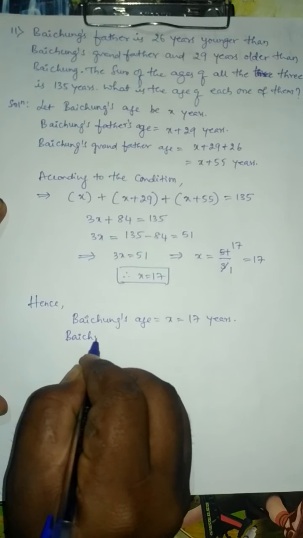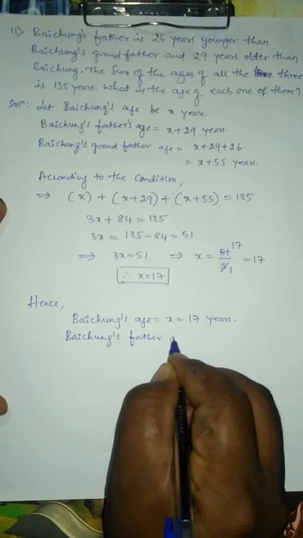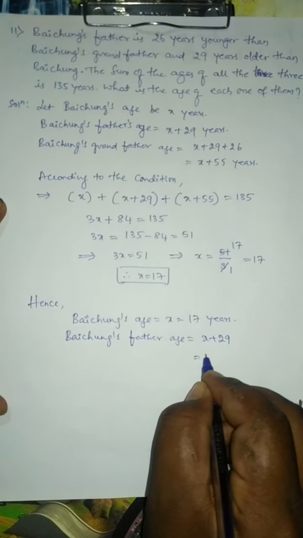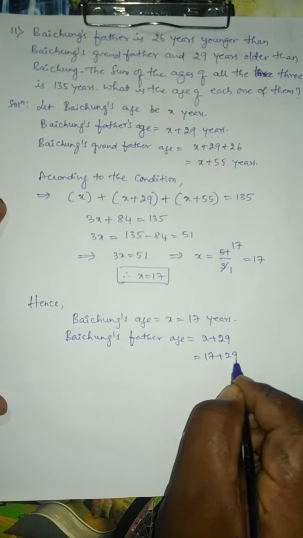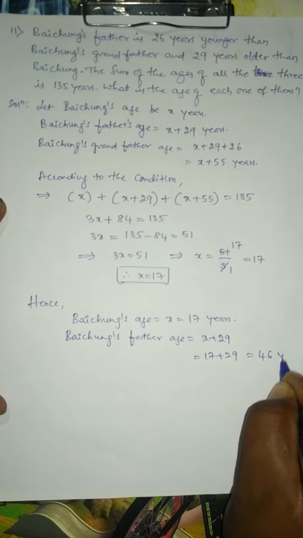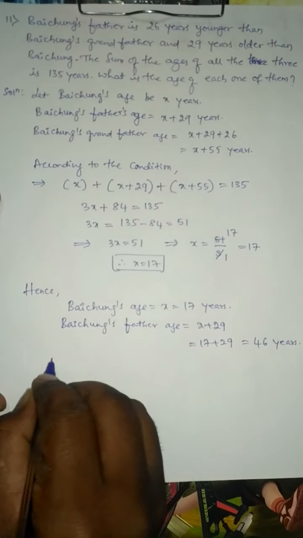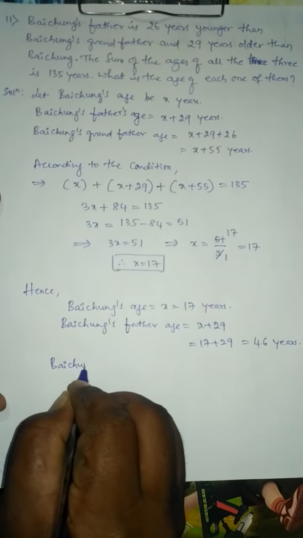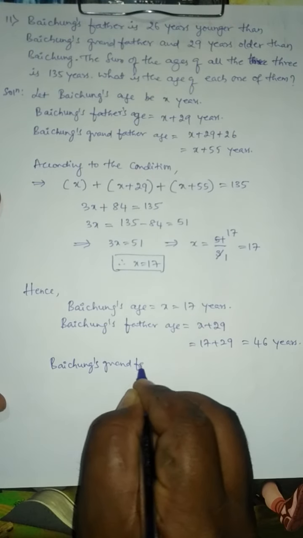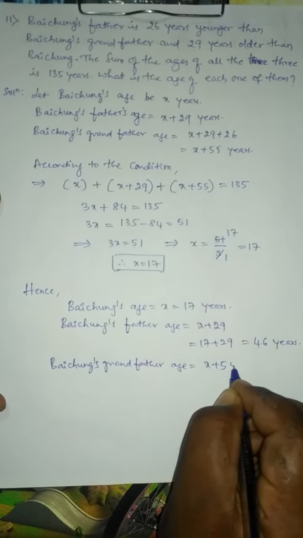Baichung's father's age is equal to x plus 29. So that is 17 plus 29. If we add both, it becomes 46 years. Next, Baichung's grandfather's age is equal to x plus 55.